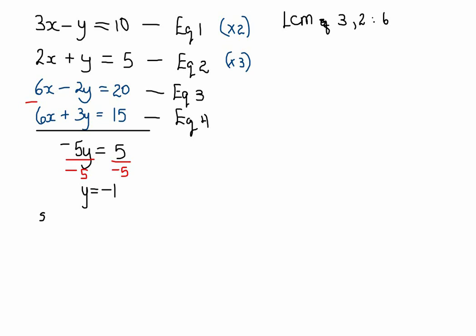Y is equal to negative 1 into equation 1. What this is going to do is help us solve for our next unknown. So in equation 1, I'm going to replace y with negative 1.